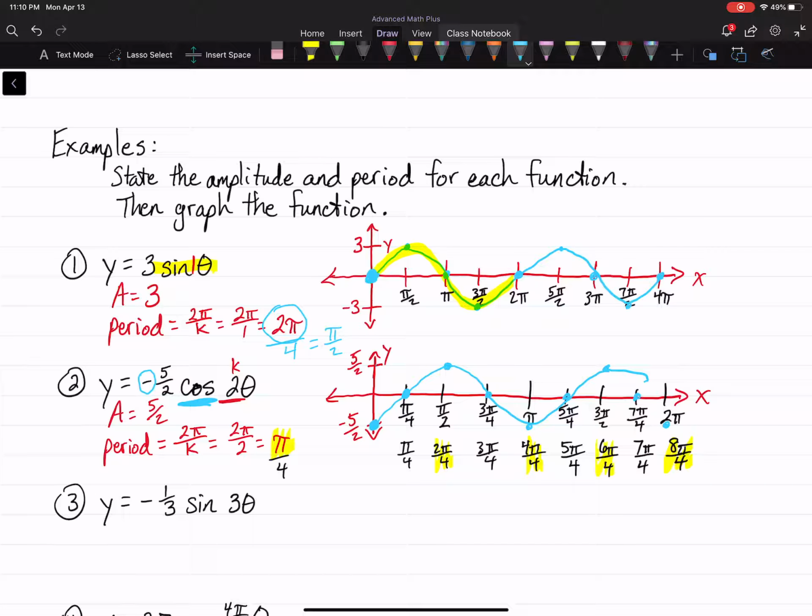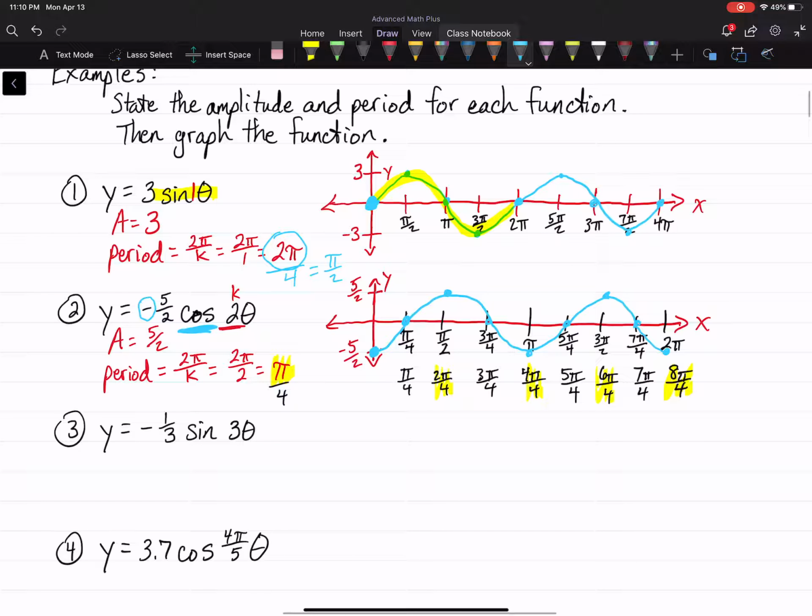Oh, messed that one up bad. Let's see if I can start from this way. Yeah, that's a little easier. And there's your wavelength. Again, the wavelength really hasn't changed, we're just labeling it different. Okay, the graph is the same as it has been.